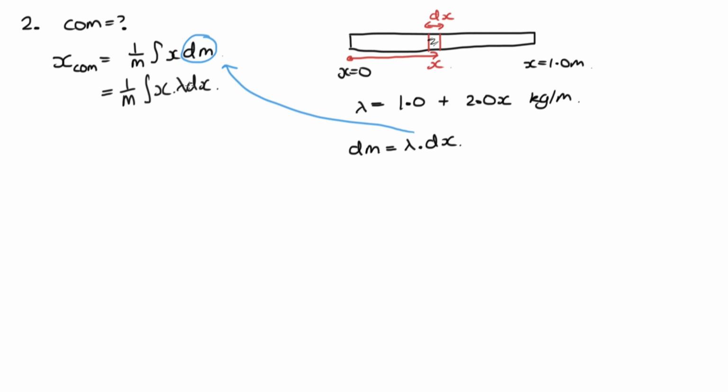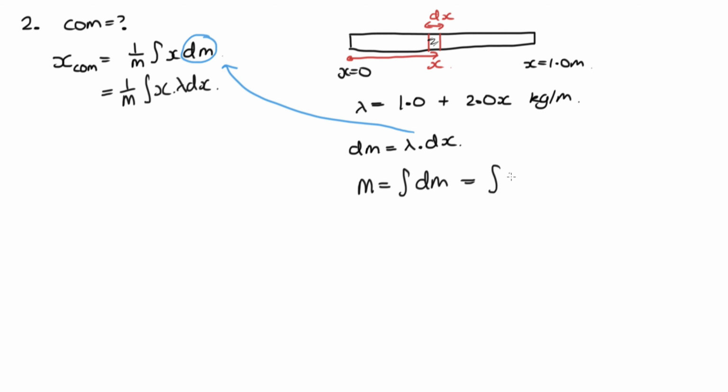Okay, now before we solve this integral, let's look at this 1 on M. So what we need to work out is the total mass of the rod. To get the total mass of the rod, we're going to need to sum together each of these little increments. So we're going to need to do the integral of the amount of mass at each length along the rod. So this dm is given by this expression that we've just got here.